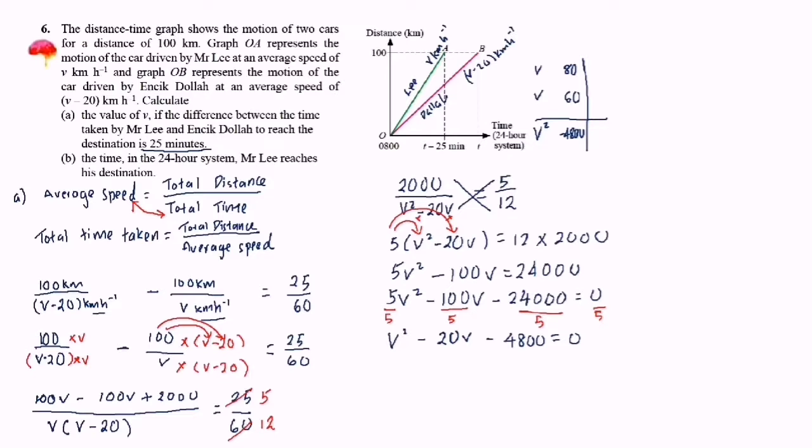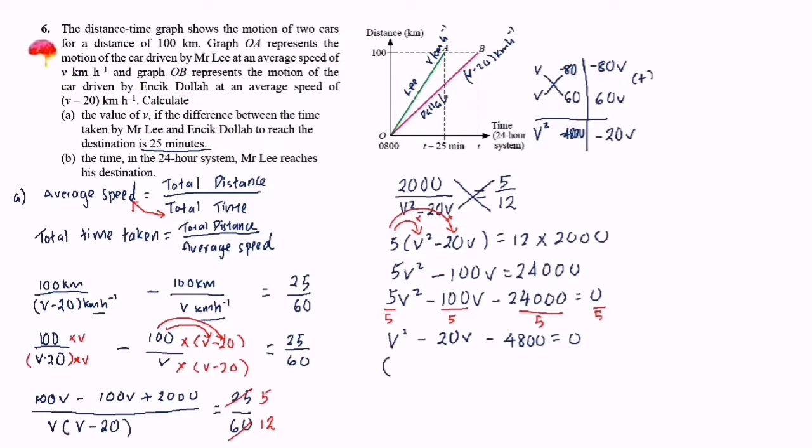And because here negative, so means that at the number 80 here we have negative. So do the cross multiplication. Here negative 80v, 60v. So we add it, we'll get negative 20v.